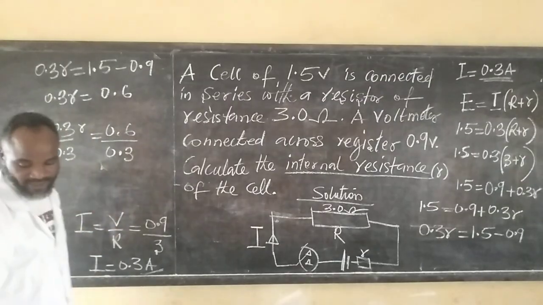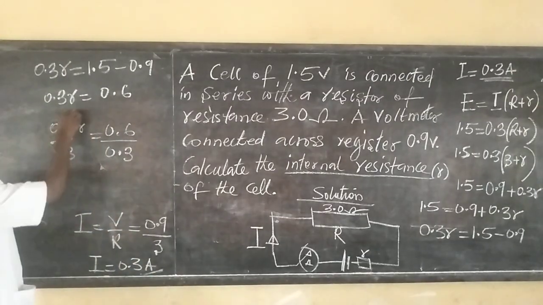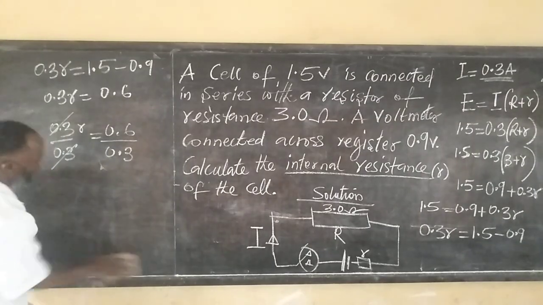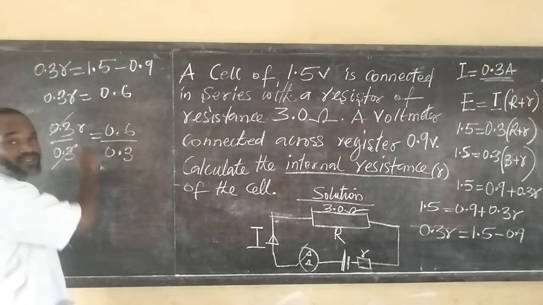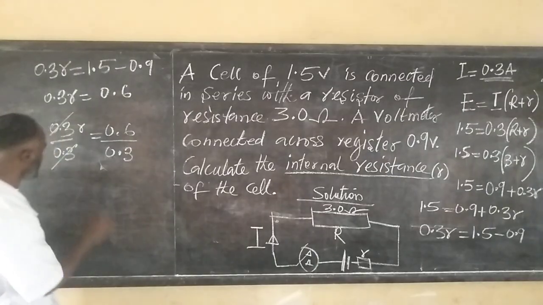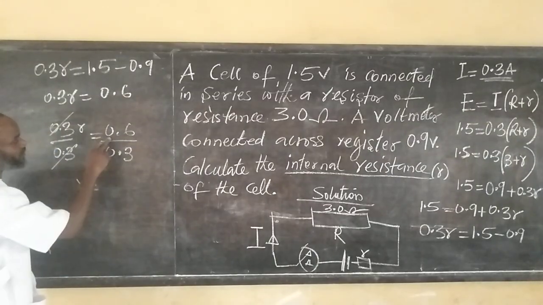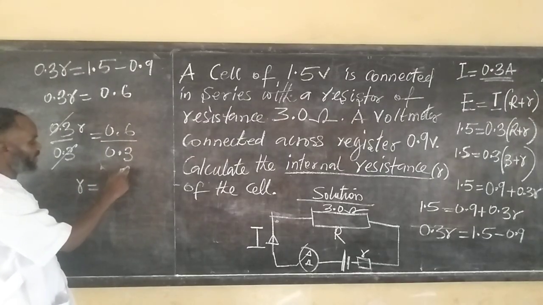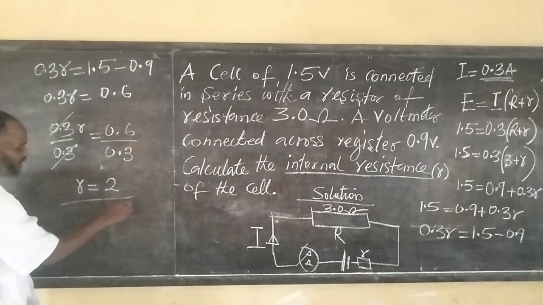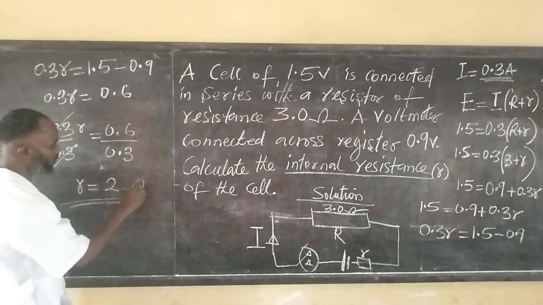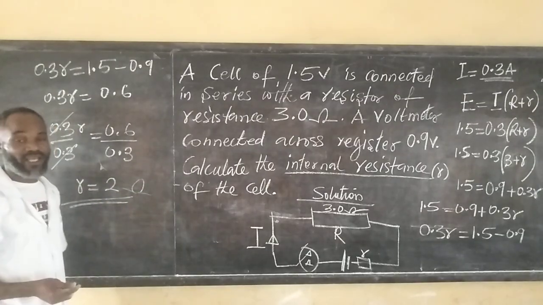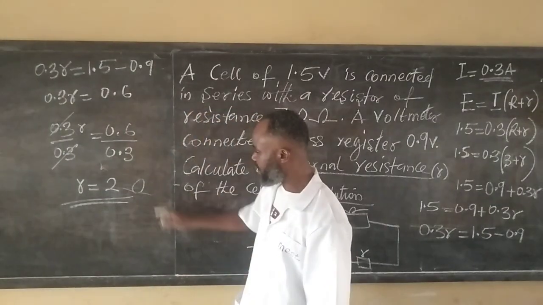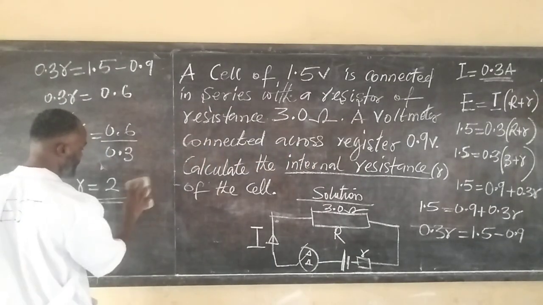By simple cancellation, we are left with just the internal resistance, and r is equal to 0.6 over 0.3, which is simply 2 ohms. Any resistance, whether external or internal, is measured in ohms.